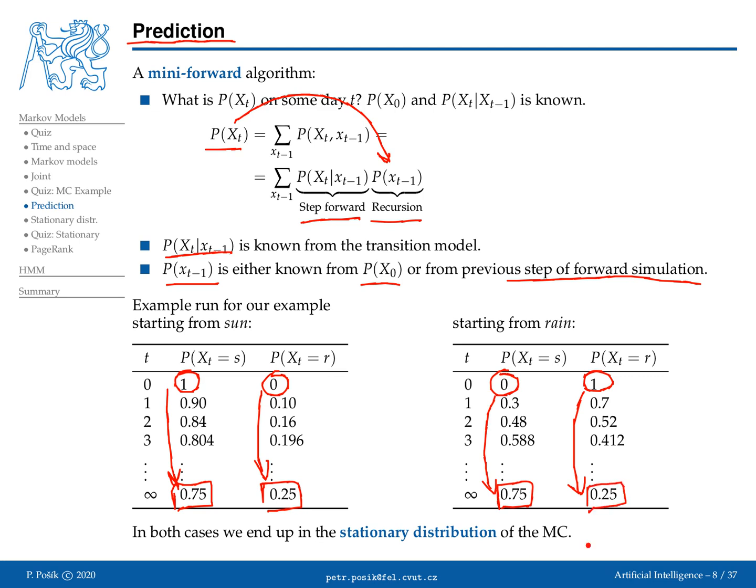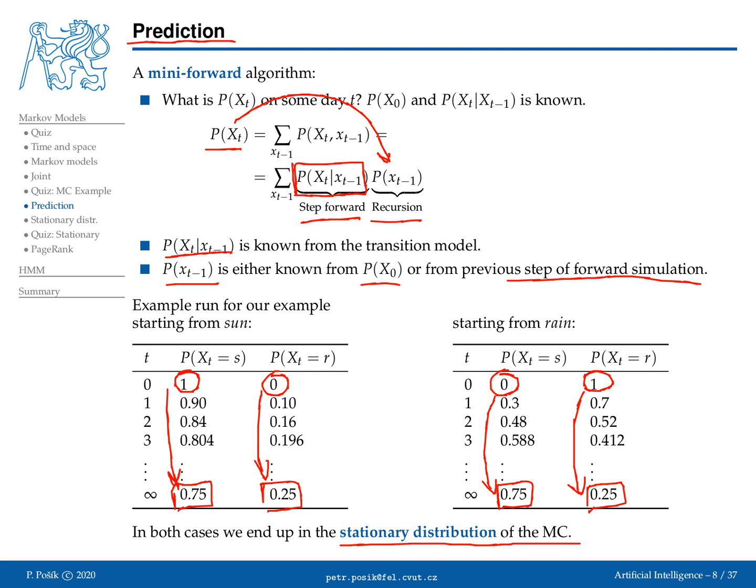And this is an example of what is called a stationary distribution of the Markov chain. And basically, it removes all the dependence on the initial state, and only the transition model determines what the final stationary distribution is.